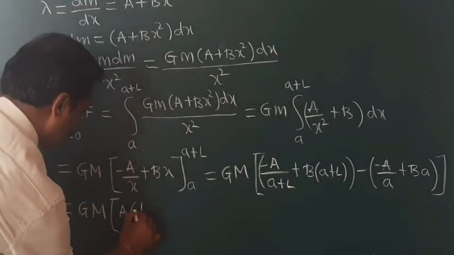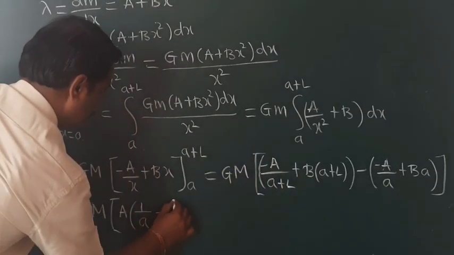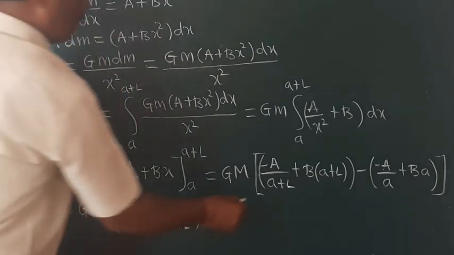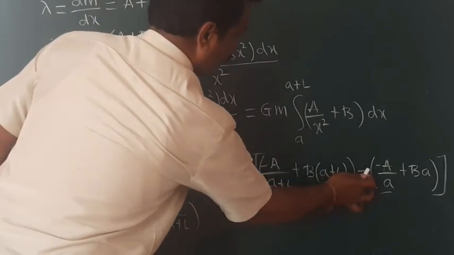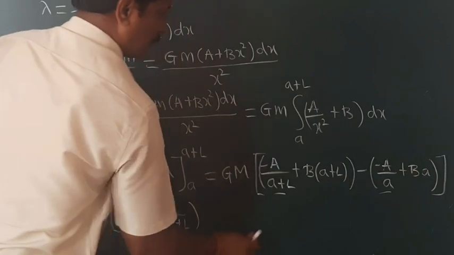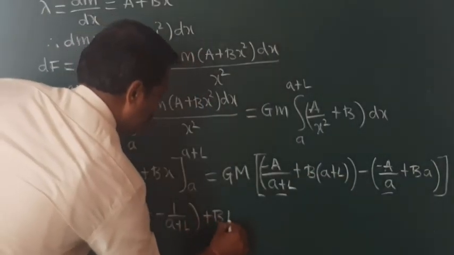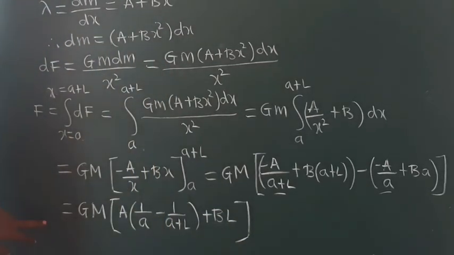So plus 1 by a, and here minus 1 by a plus L in these two. Then here ba, and this is minus ba. ba and minus ba get cancelled. Then it remains only bL. So this is the answer.